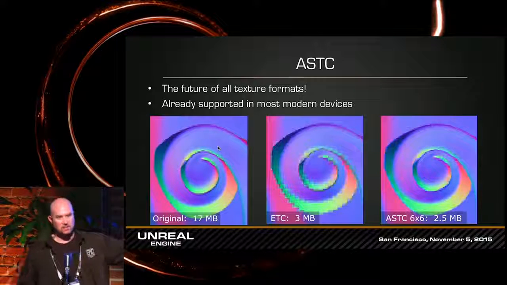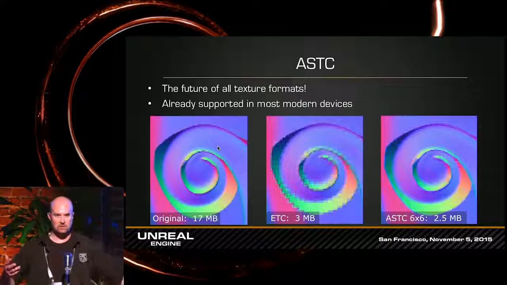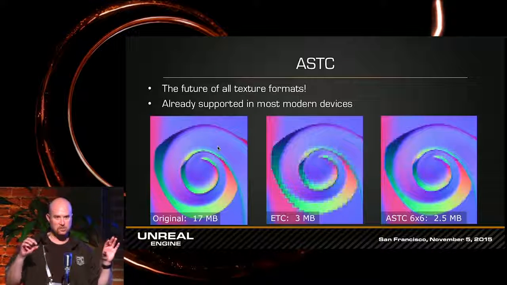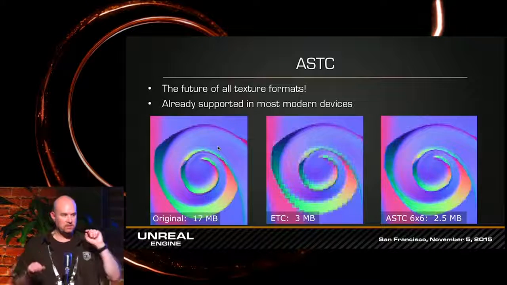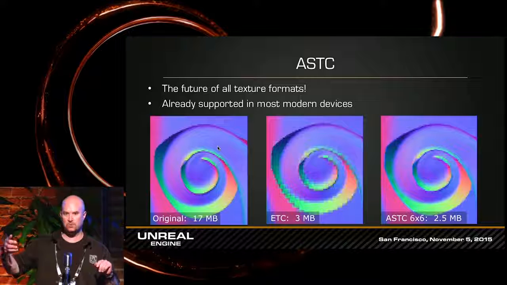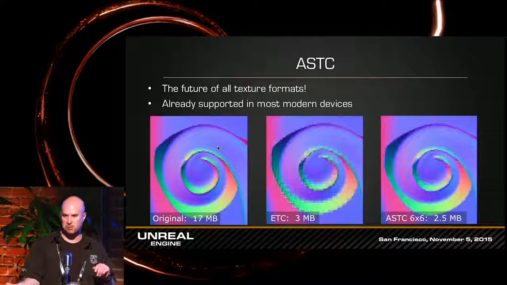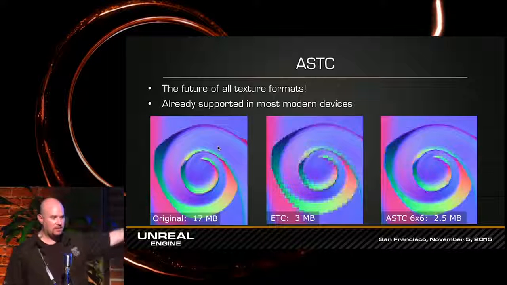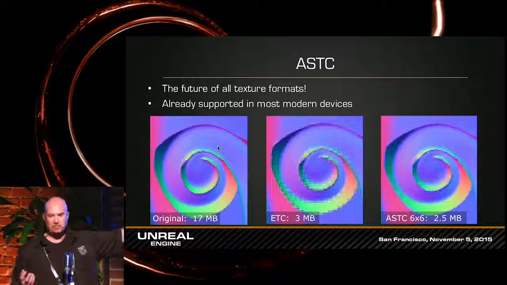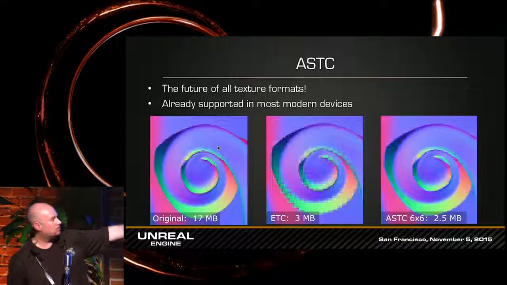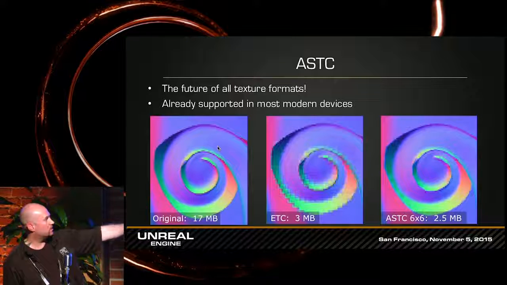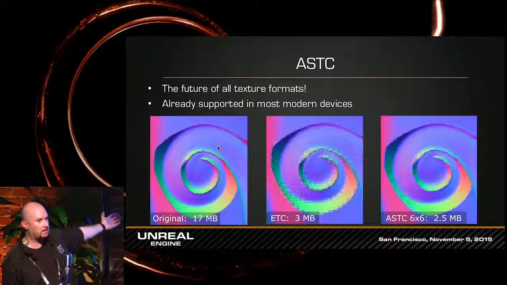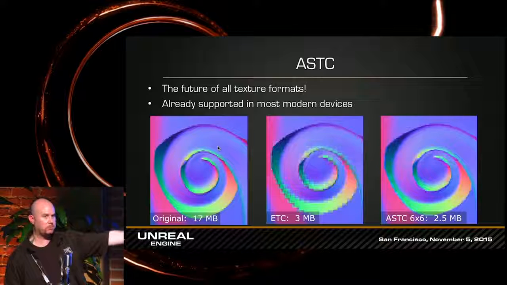Then for ASTC, I chose a 6x6 block just because it matched the memory footprint of the ETC. You can, however, choose much less memory usage, but you would degrade visual quality a little bit. But even at the same memory footprint, it looks much better than the ETC compressed one. It looks almost identical to the uncompressed, but with a much smaller footprint.